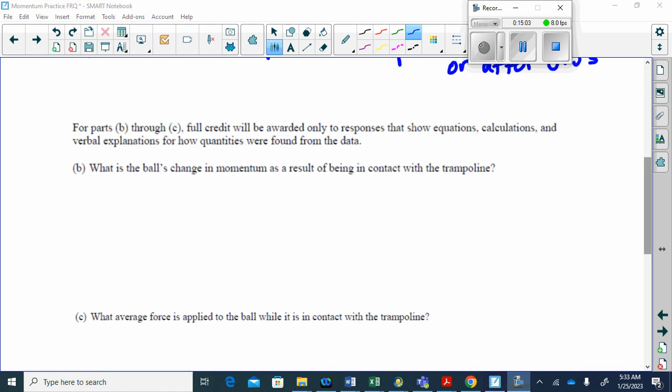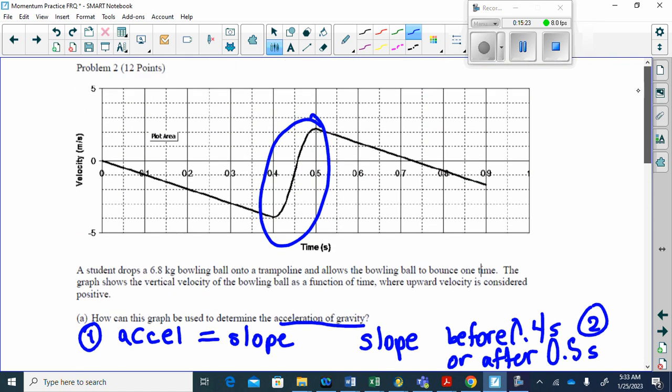Okay, for parts B and C, again, it tells you you need to explain it and show equations and calculations for a complete answer. So B says, what is the ball's change in momentum as a result of being in contact with the trampoline? So let's go back up to our graph. Now we already identified this time period as when it's in contact with the trampoline.